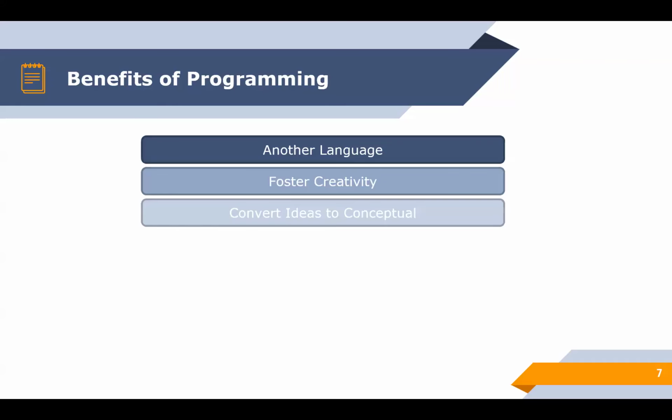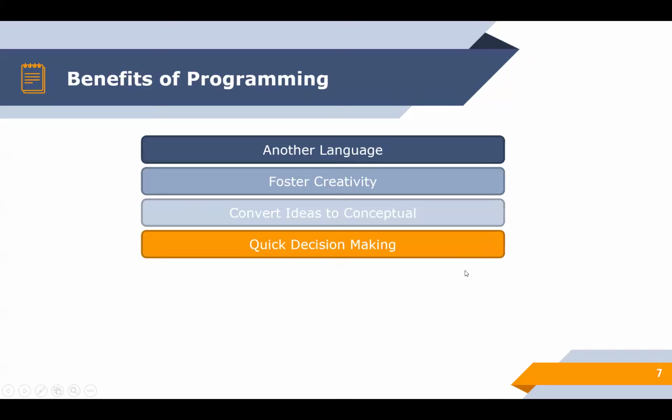So that is basically what, when you have 10 years, 15 years, 20 years, 25 years of experience, then if you know the development, you can convert your ideas to something useful. Quick decision making. Quick decision making means if you know the development, you can get the output quickly, and based on that you can take the decision quickly.